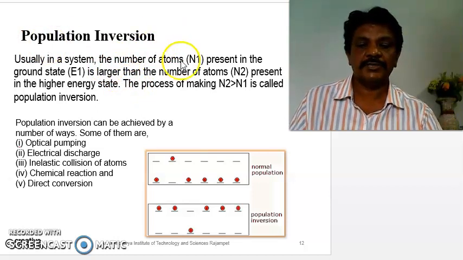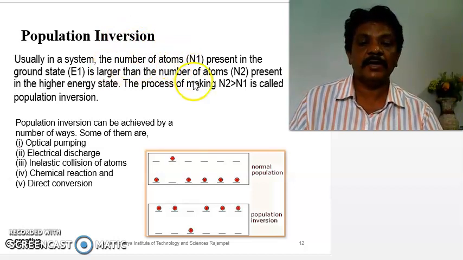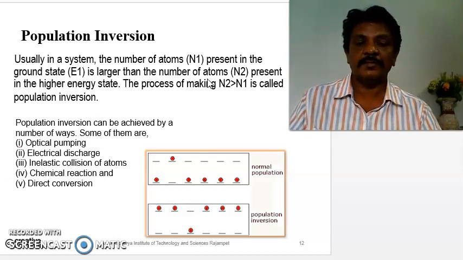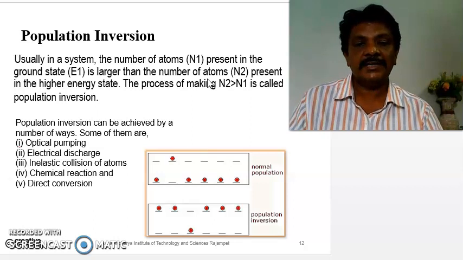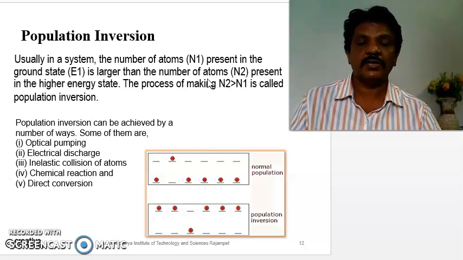Population inversion is the process of getting more atoms in the excited state than in the lower state. Generally, in a material, the number of atoms or electrons present in the excited state is less than the number present in the ground state.